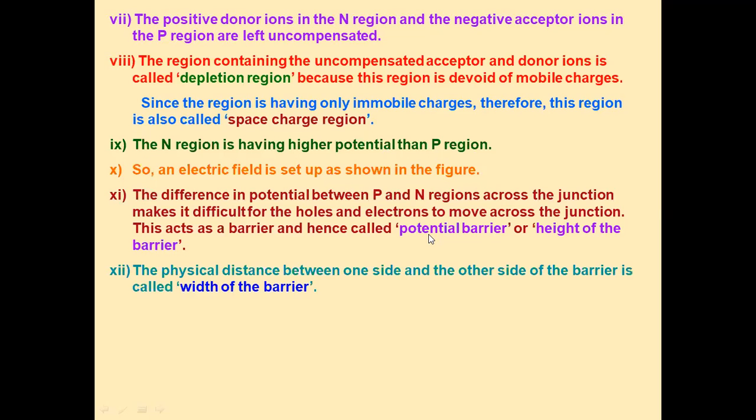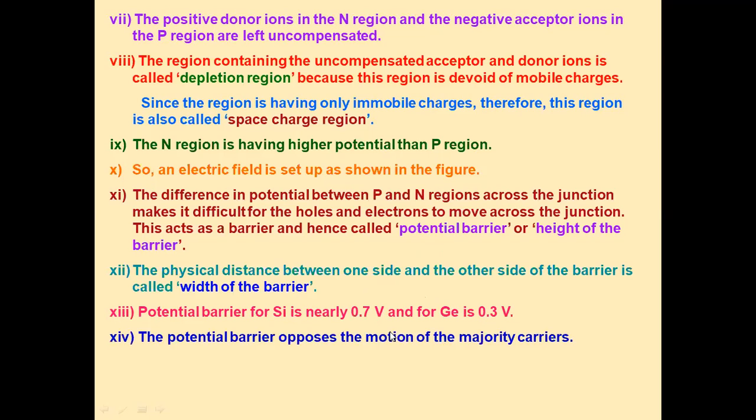This potential difference across the junction is known as potential barrier, and the distance between the two sides of this junction is known as width of the barrier. Potential barrier for silicon is 0.7 volt and for germanium it is 0.3 volt.